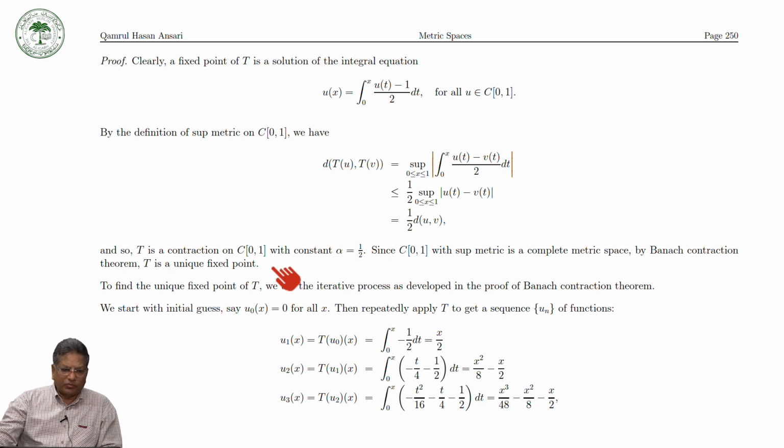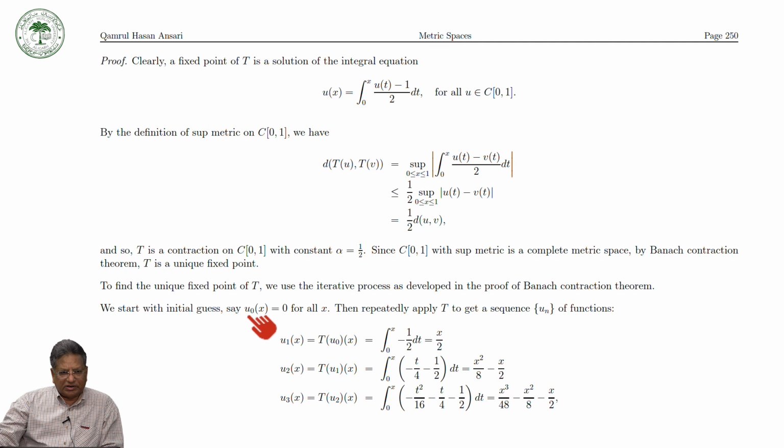Now the question is how we will calculate the fixed point of T. So to find the fixed point of T, we use the iteration process as developed in the proof of the Banach contraction theorem. How will we develop it? We can start with some initial guess.